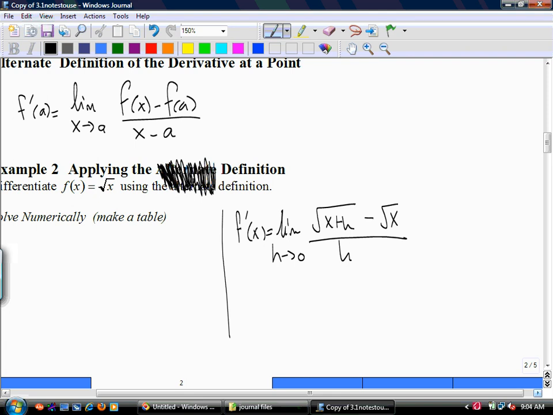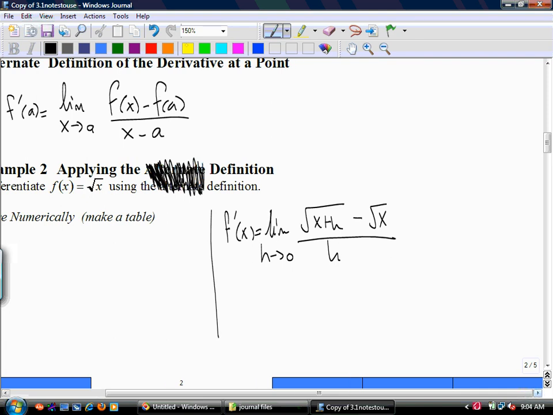This is the part where it drives kids up the wall, because usually you rationalize the denominator when you're working with square roots. We're going to rationalize the numerator. So you're going to multiply top and bottom of the fraction by root x plus h plus root x. Seems counterintuitive to do that, but that's actually the only thing you can do to remove the square root problem from the place that you don't want it.